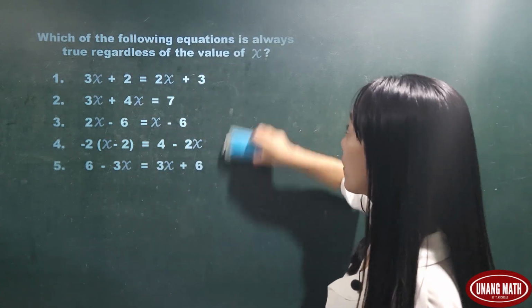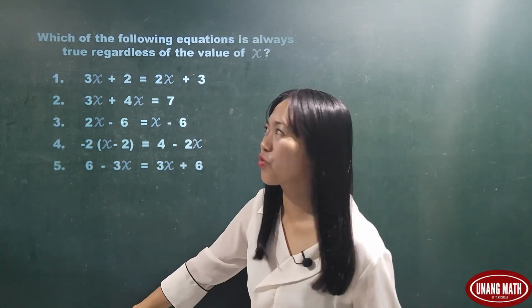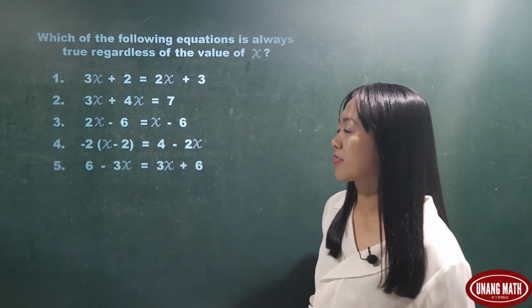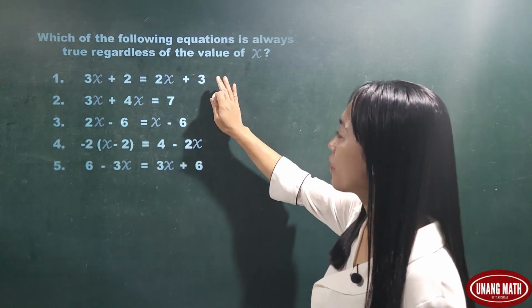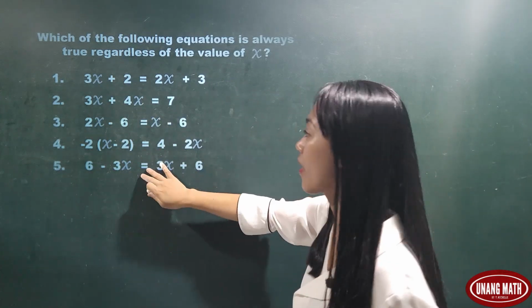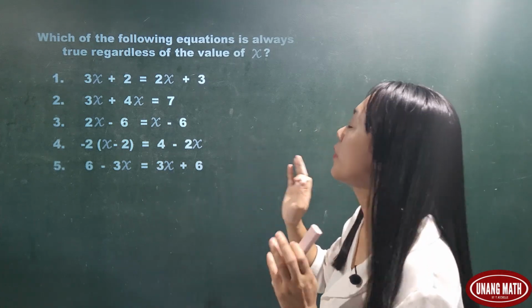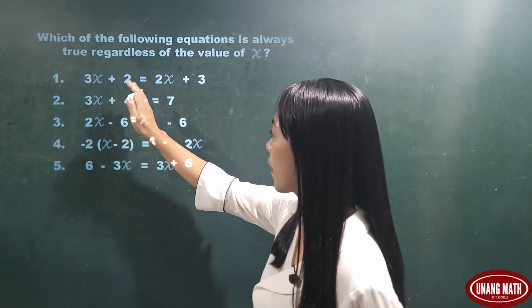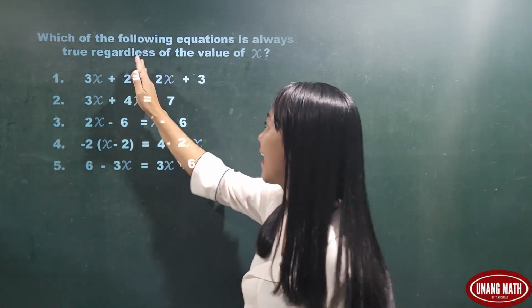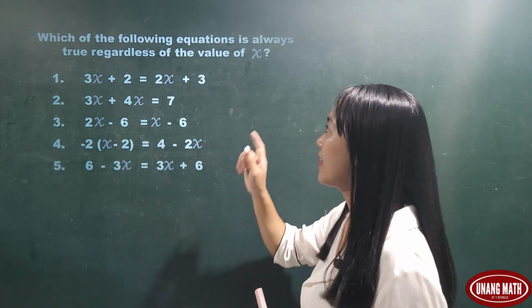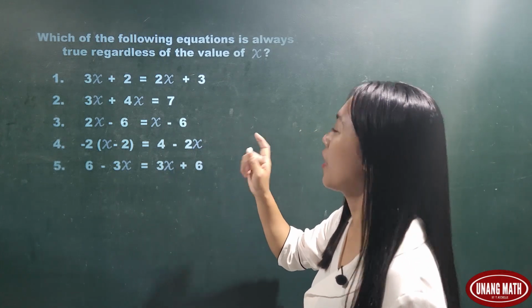Which of the following equations is always true regardless of the value of x? We are not going to substitute values of x here because there are many. What we're going to do is compare the numbers or expressions on the left side and on the right side. If same or equal, then that is an identity equation.